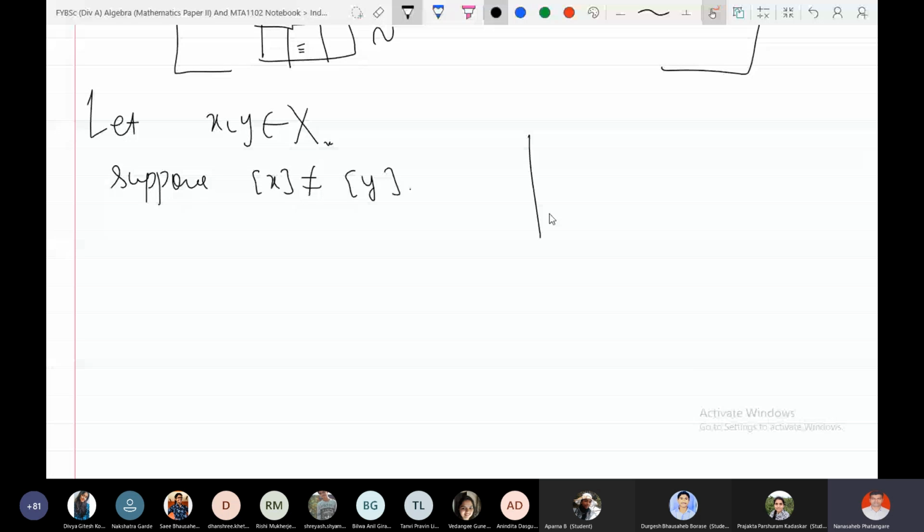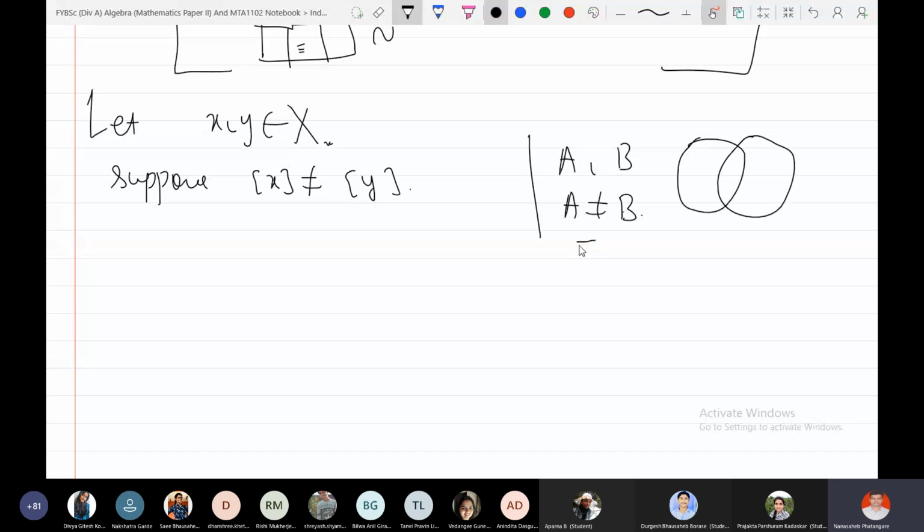Suppose I have two sets A and B. When I say that A is not equal to B, that the sets are not equal, what does it mean? It does not mean they are not subsets of each other or that they are disjoint. A not equal to B does not imply that A and B are disjoint. Sets being not equal does not imply they are disjoint.